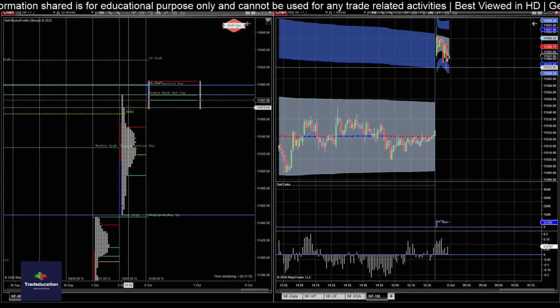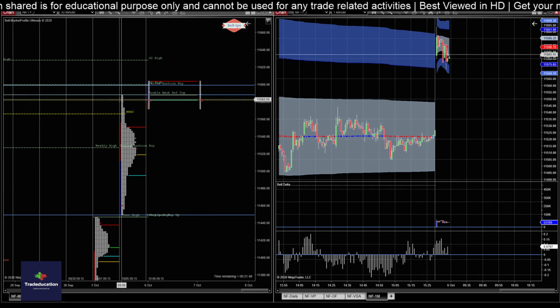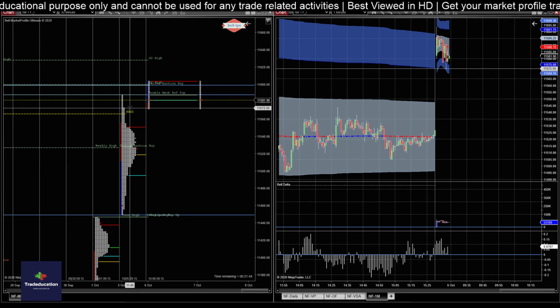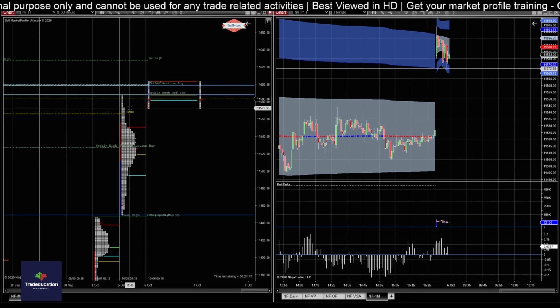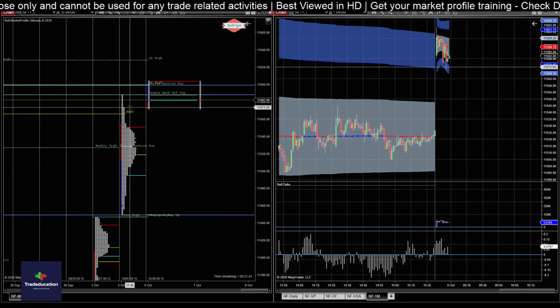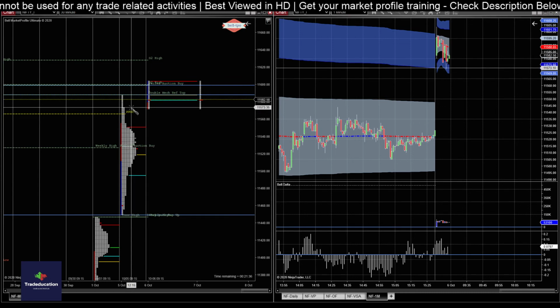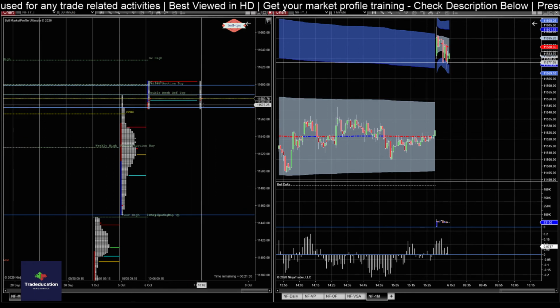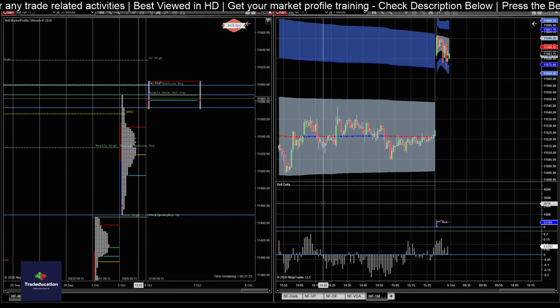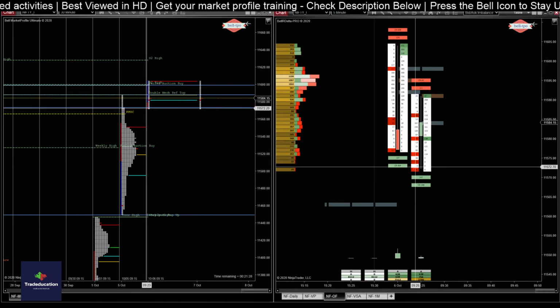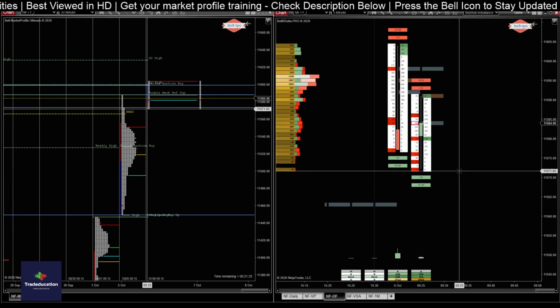Now this auction actually halted around this single print zone, and now it is reversing. You can see the low of today is around this single print zone, and the sellers are getting exhausted around the lows.